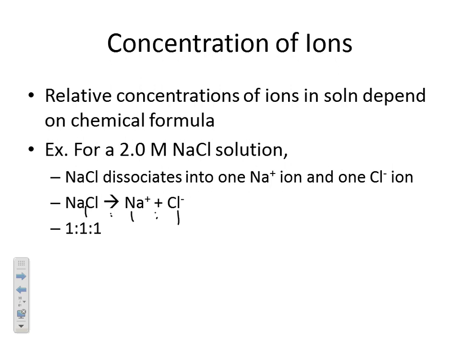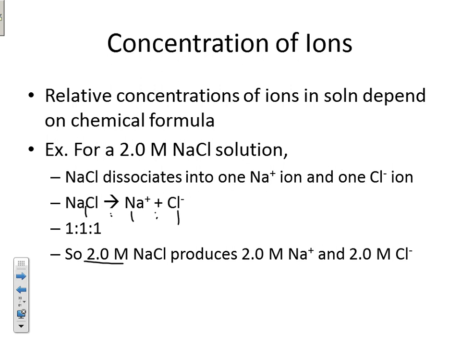And if the liters are unchanging, if you are not altering the liters in your solution at all, then we can say that this 1 to 1 to 1 will hold true for concentration as well as moles, because molarity is moles per liter. So molarity is directly related to the number of moles you have, which means that a 2 molar solution of NaCl actually means that you have a 2 molar concentration of Na plus and a 2 molar concentration of the chloride ion.